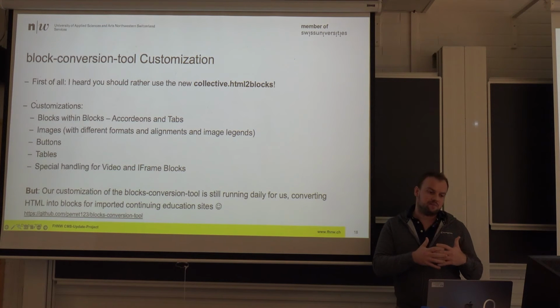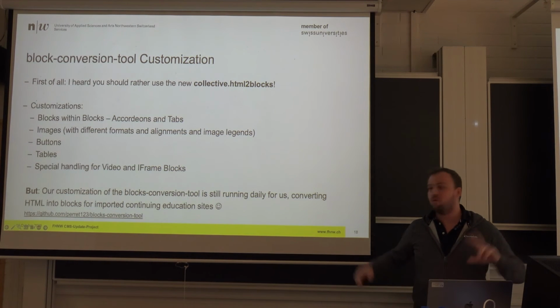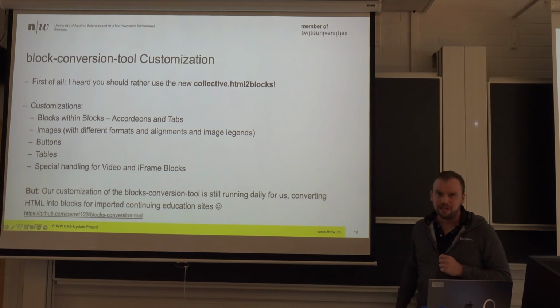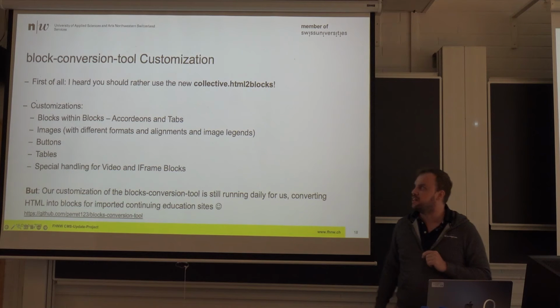So I forked the version and made additions to it. I also put the GitHub link there to our version of the block conversion tool, if anybody is interested, but I think it's only for some very specific use cases we had.